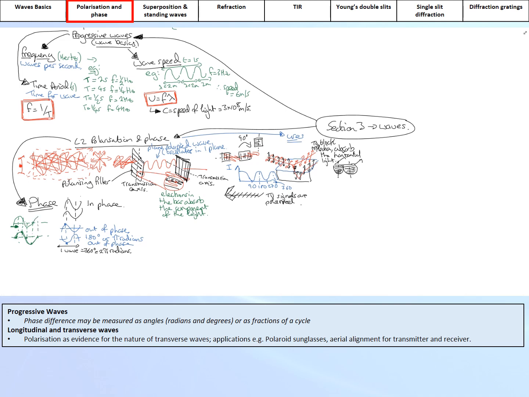A quarter of a cycle would be 360 over 4, which is 90 degrees, or 2 pi over 4, which is pi over 2 radians out of phase. We don't leave phases in terms of fractions of a wavelength. We don't say a quarter of a wavelength. We always give it in degrees or in radians.